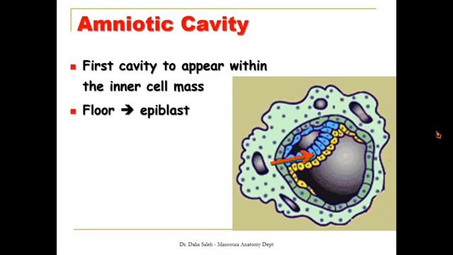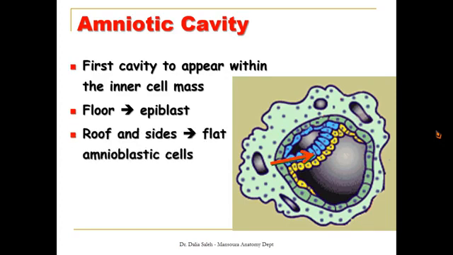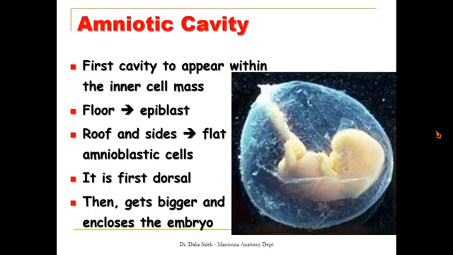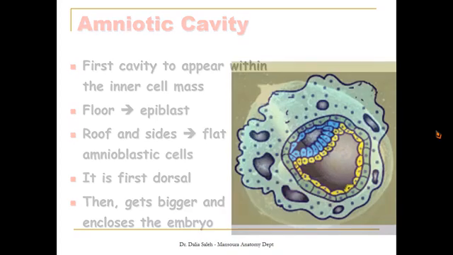Its floor is made by the epiblast, and its roof and sides are formed by flat amnioblastic cells. It is first dorsal, and then after folding of the embryo, it gets bigger and bigger and it closes the embryo completely, like this. So this balloon is the amniotic cavity, and the embryo is contained within it.